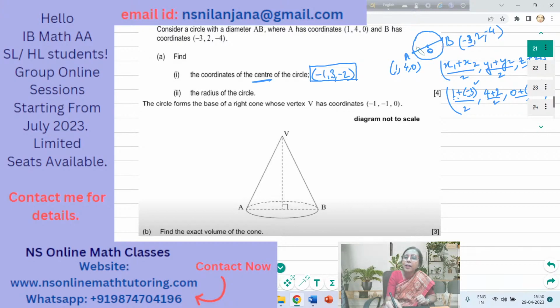So what will be the radius? This is the radius and this is the radius. So either we can get the distance of OA or the distance of OB. Okay, let us choose A because it is having 1 and 0 over here. So let us choose A.